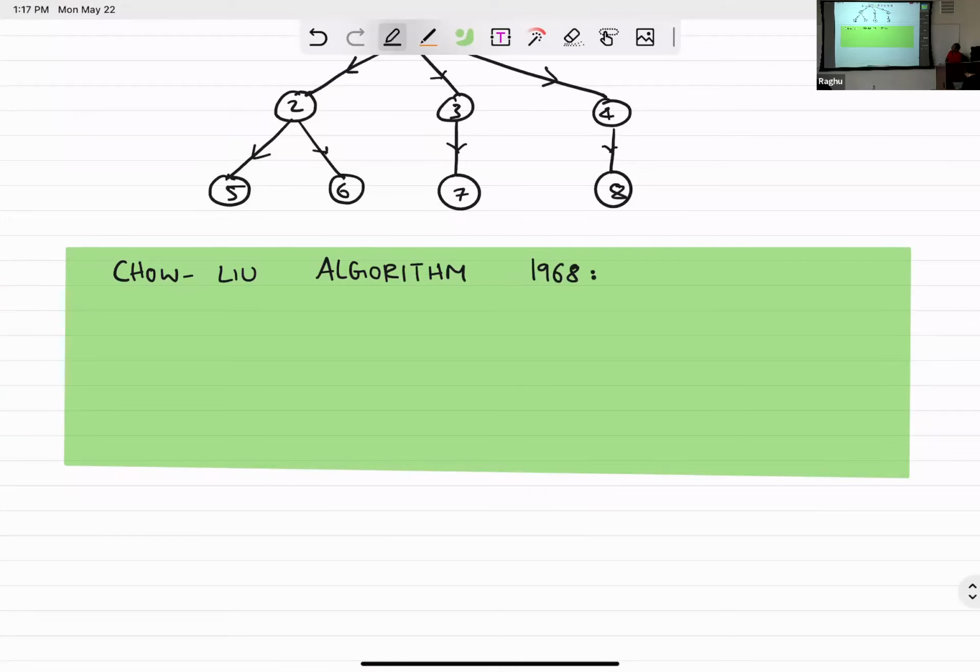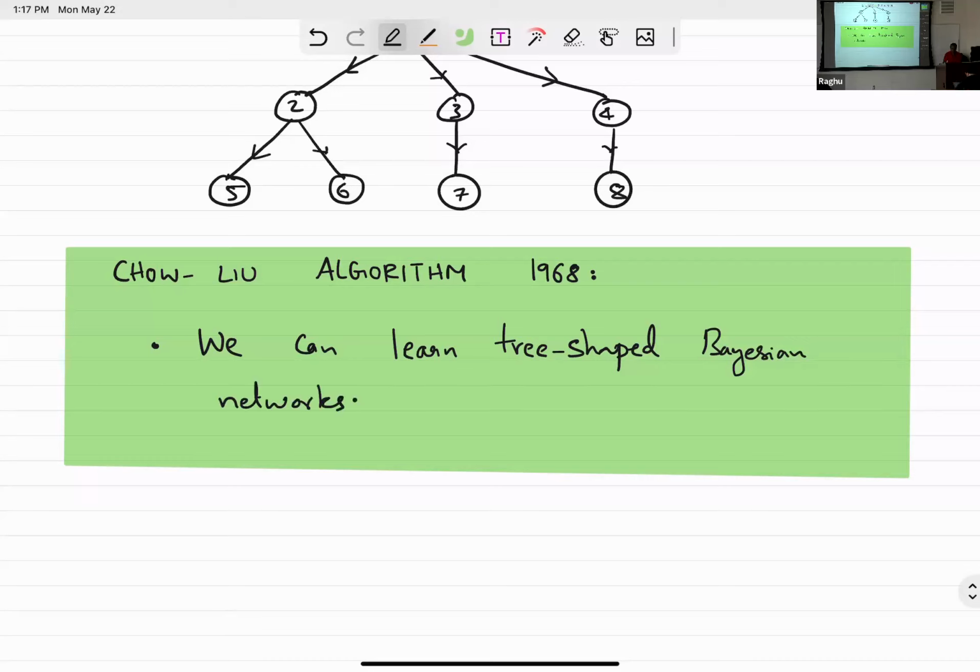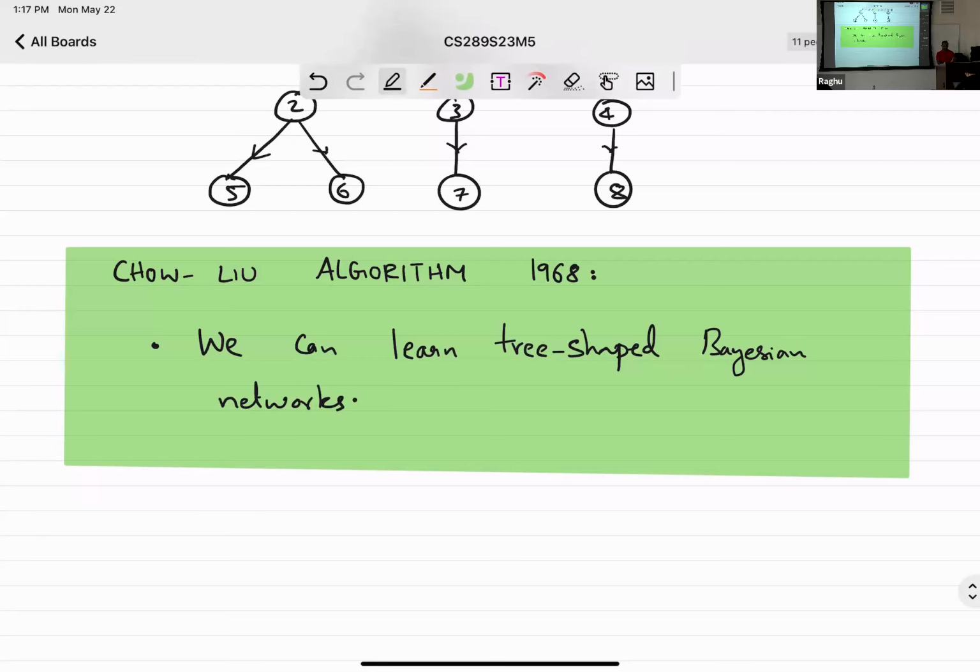What it showed was that we can learn tree-shaped Bayesian networks. Okay, so that's what we're going to see. We are looking for structural assumptions on networks which can make them learnable with good algorithms, and being a tree is one such thing.